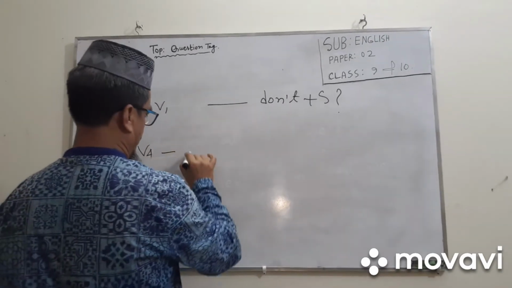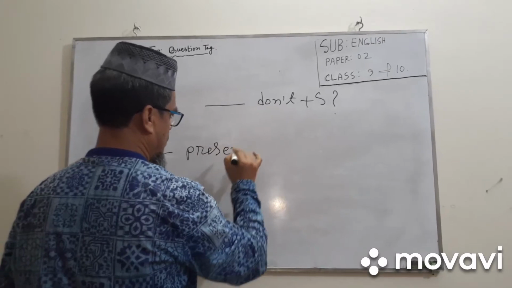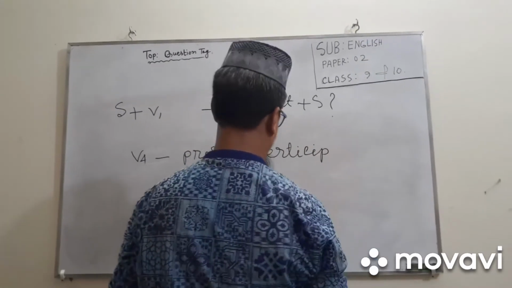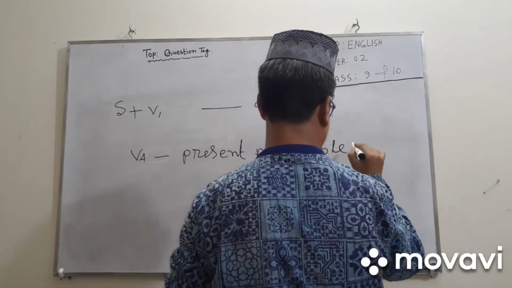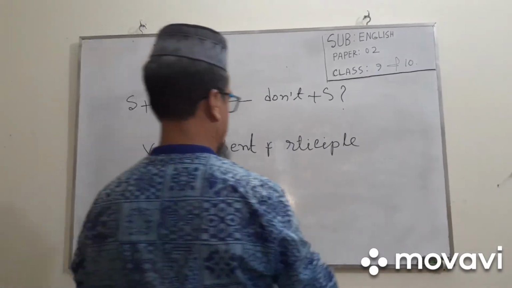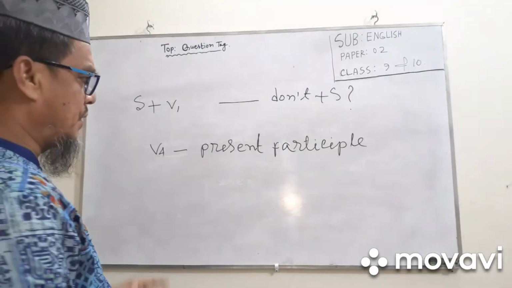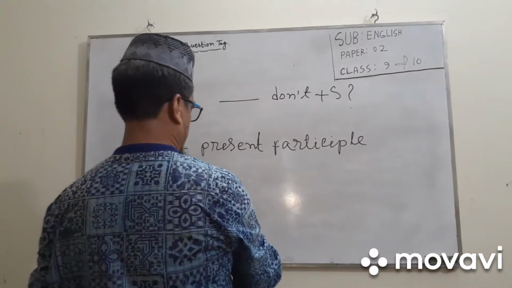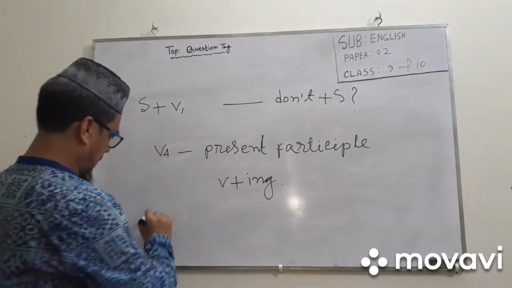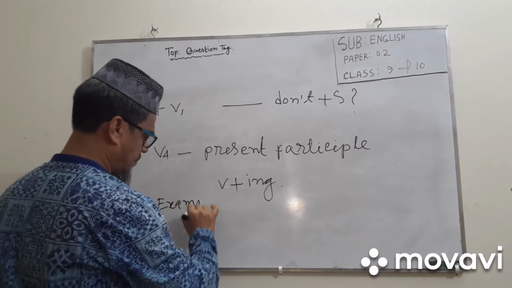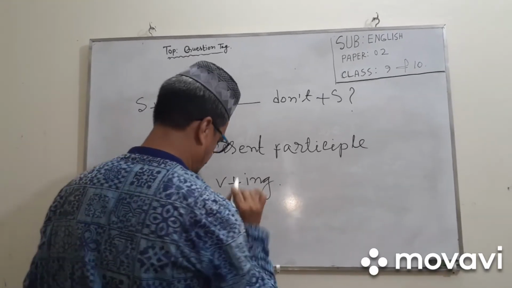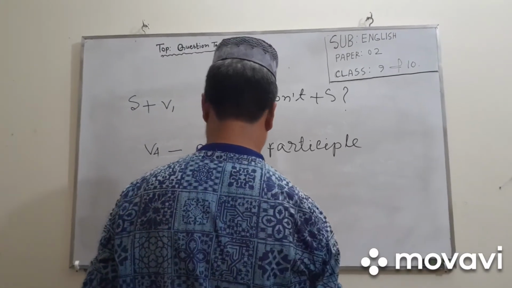V4, present participle: V plus ing. Example, eat plus ing equals eating.